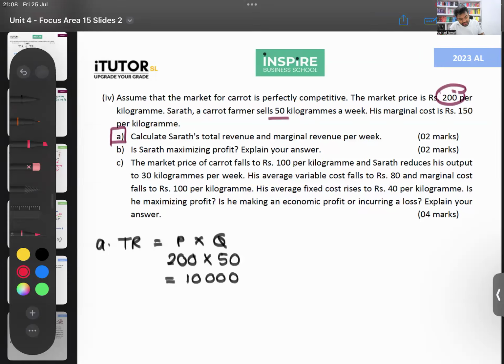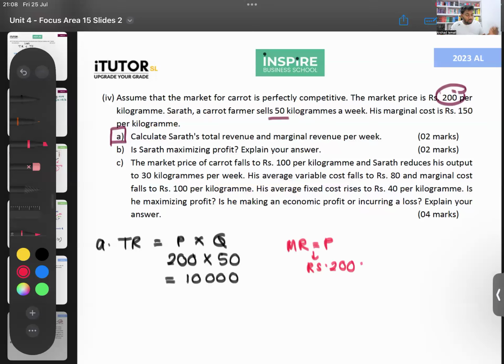How much is his marginal revenue? Marginal revenue is the additional revenue from selling one extra unit. Remember, my marginal revenue in perfect competition is equal to price. MR is equal to price. So you can say his marginal revenue is equal to his price. So how much is that? That is equal to 200 rupees. So you can give that as your answer.